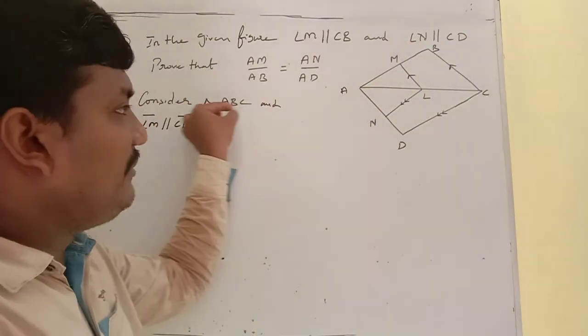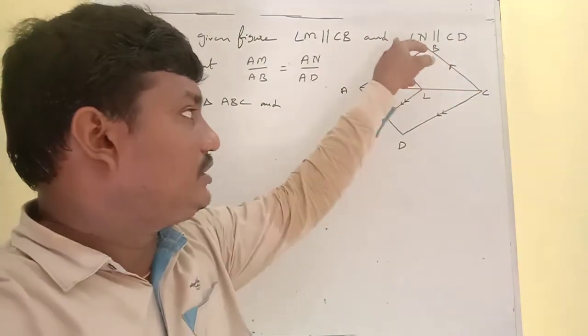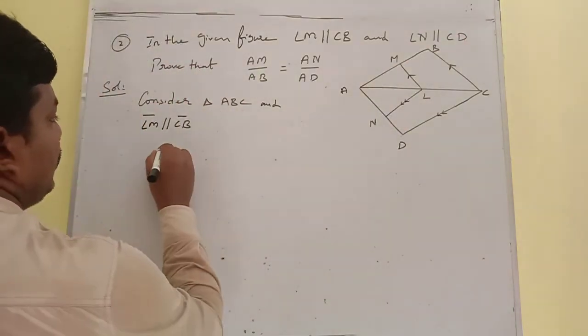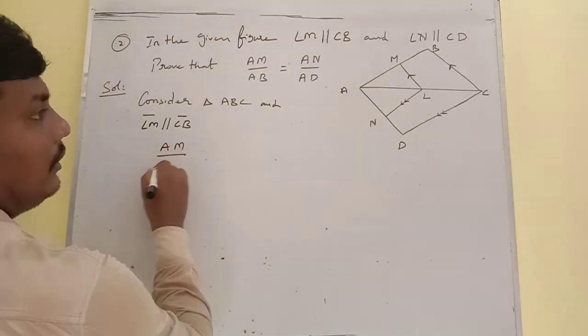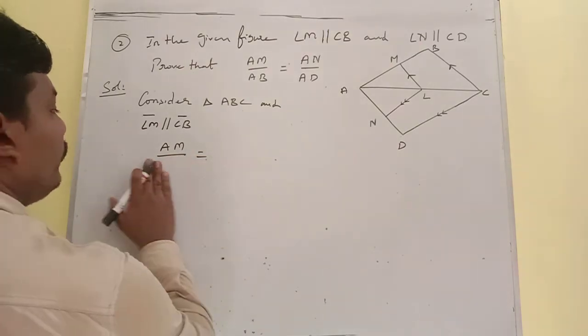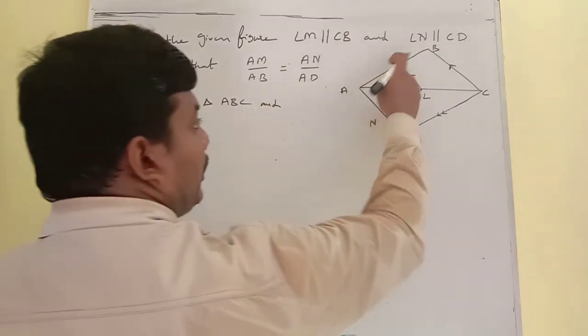So in this triangle ABC, if a line is parallel to one side of a triangle and intersects the other two sides at distinct points M and L, then we can consider AM by MB is equal to AL by LC. We are going to find AM by AB. That's the reason why AM by AB is equal to AL by AC.